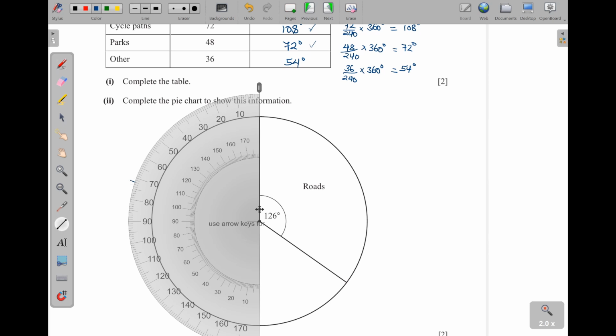That means I'll get my ruler, put it here, then draw to the 72. Then this other one will make 108. So this other one will make 108.